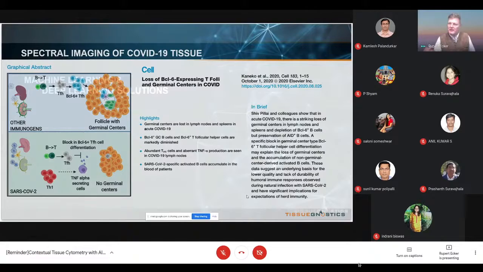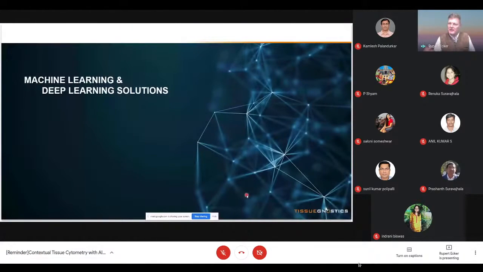Now, we are well into the 21st century, into the age of computers. And of course, computer-assisted diagnostics, for example, has also played an ever more important role in our research and in our medical diagnostics.